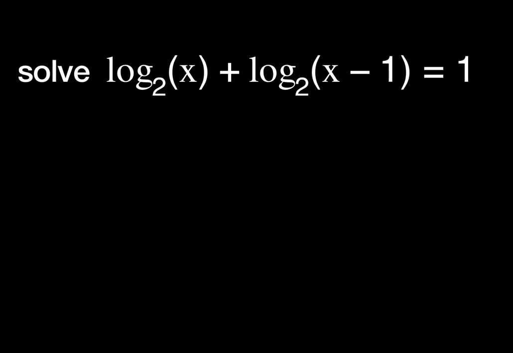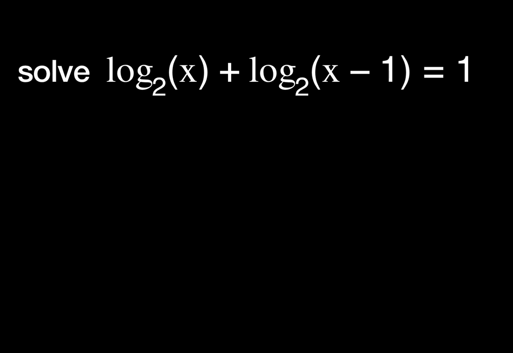Then with logarithms, when I have a larger problem and I have multiple logarithms going on, as long as they are the same base, I can use the properties of logarithms. And we talked about three in class. When I have same base logarithms and add, when I have same base logarithms and subtract, and then when I have same base logarithms and exponents, there's that special rule there.